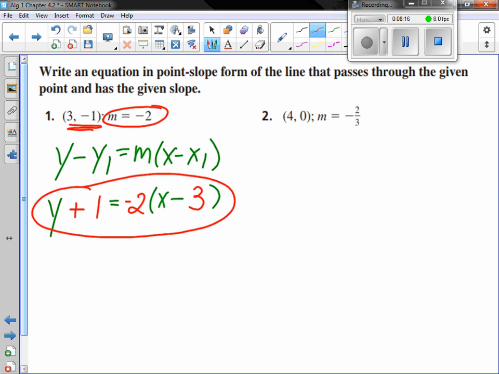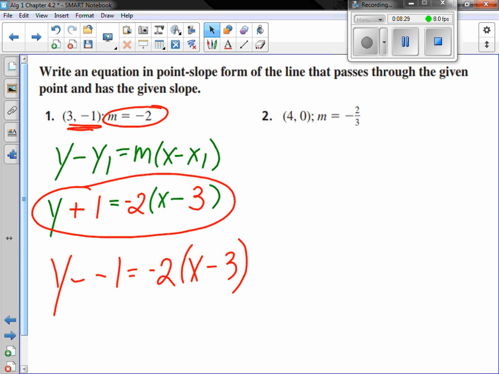Questions on this here? I have a feeling on the assignment, they're really just going to have you write it like this here because you're just filling in the boxes for y1, m, and x1. You're just filling in those three numbers.